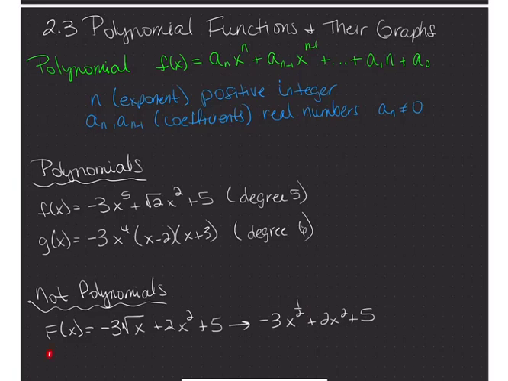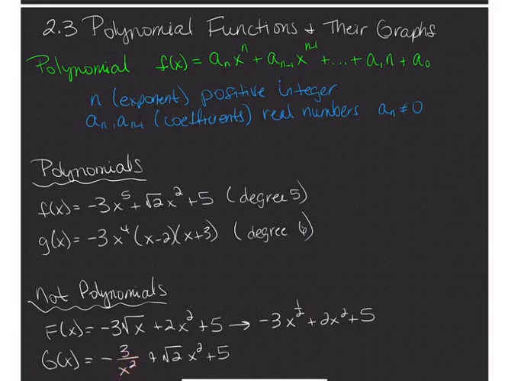And then if we threw g of x on there, let's say we had -3 over x squared plus the square root of 2x squared plus 5. So again, our exponents have to be positive integers. So when I go by my exponent on my variable, is that positive?